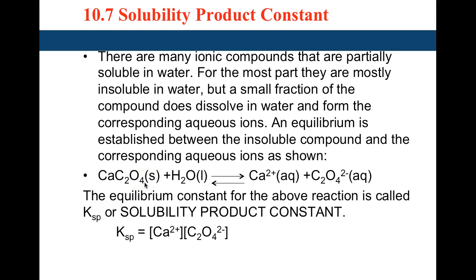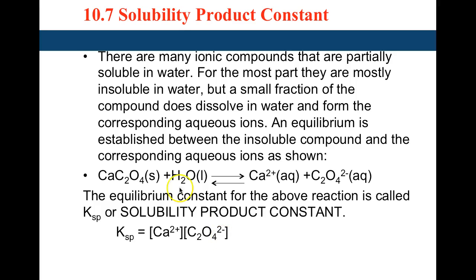So you'll write the K expression for this. This is called Ksp here. Instead of Kc, it's Ksp. Sp stands for solubility product constant, right? Ksp is only used for aqueous solutions, okay? So Ksp is equal to the concentration of the calcium and the concentration of the oxalate ion.